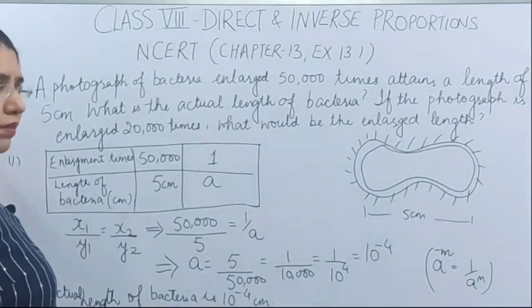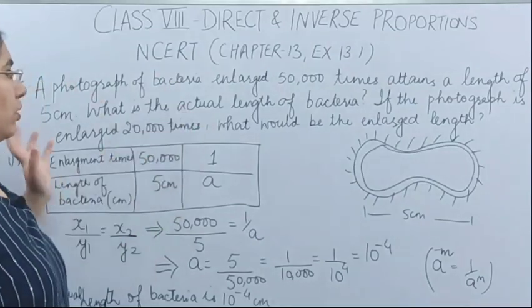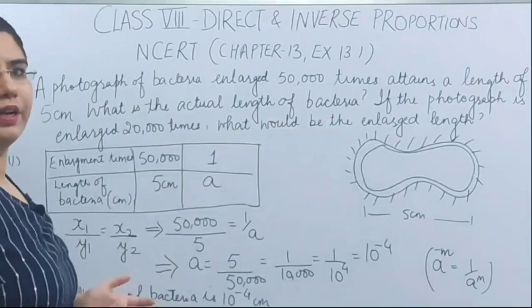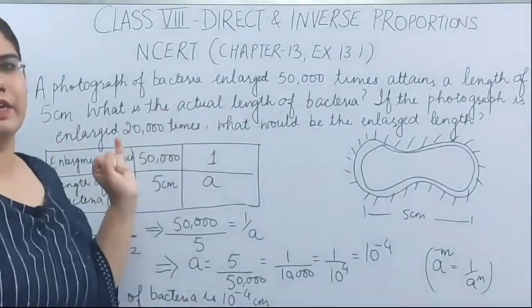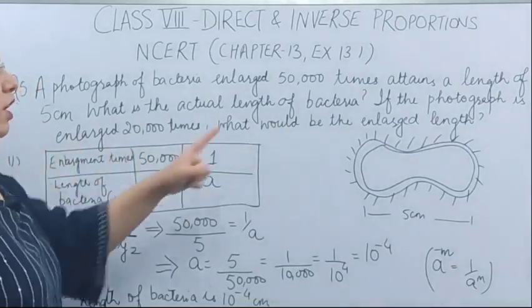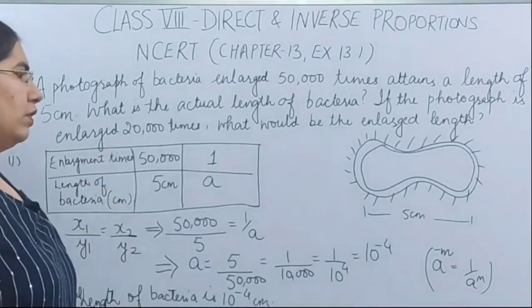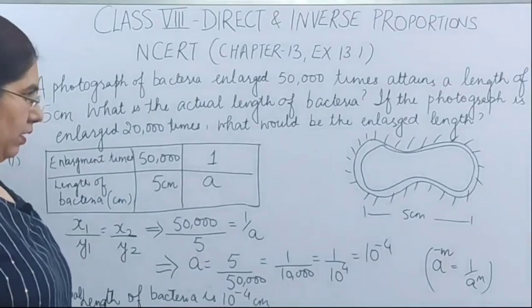Is it making sense? Now, many a time I have found that students will just read half of the question, and in the hurry of completion they will miss out on reading the second part. So, do not forget, there is also a second part which says that if the photograph is enlarged 20,000 times, what would be the enlarged length, right?